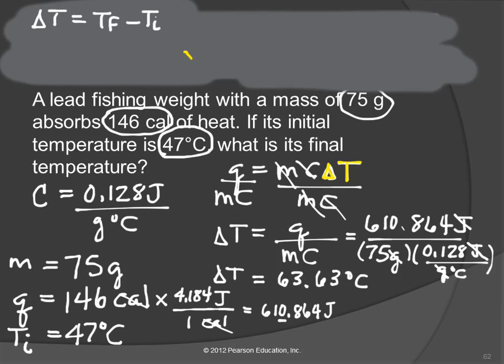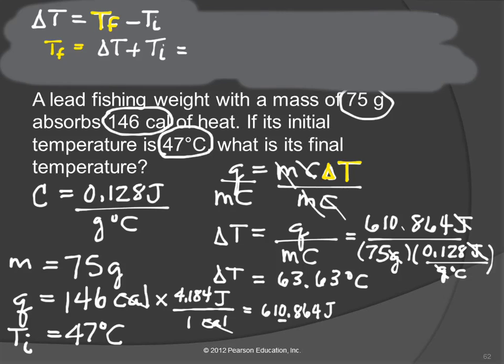So we want TF. So TF is going to equal delta T plus TI. I'm just rearranging that.